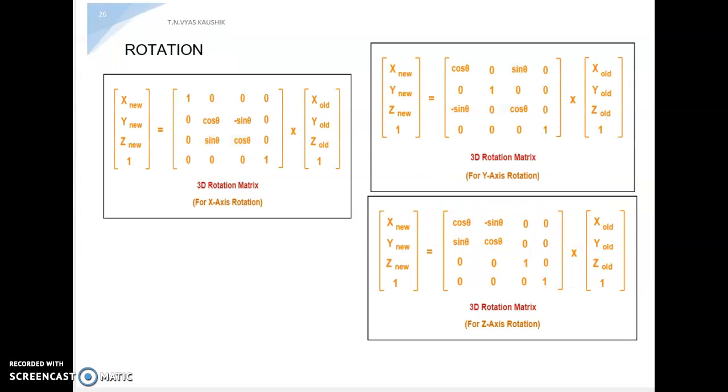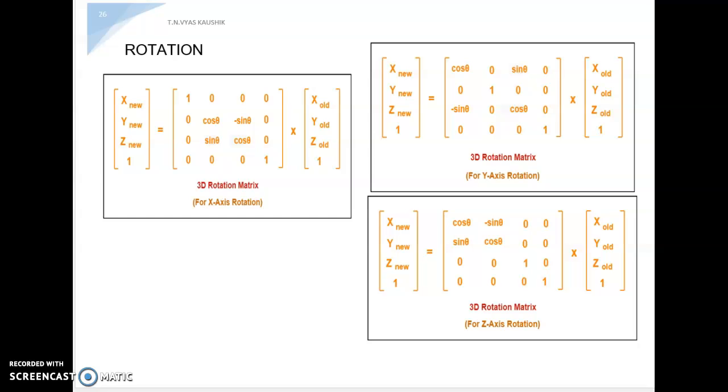Next is rotation. In 2D rotation we saw rotation only with respect to the plane, but in 3D we have 3 axes of rotation, namely x-axis rotation, y-axis rotation and z-axis rotation. We'll not delve deeply into rotation like we did in 2D.